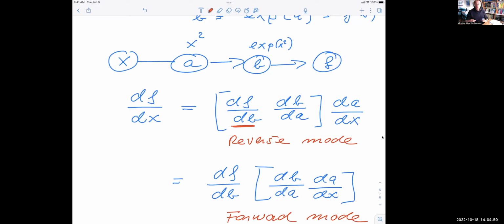So before we switch back to the Jupyter Notebook and start looking at the setup of a specific neural network, we are going to look at another example of reverse mode and forward mode calculations.